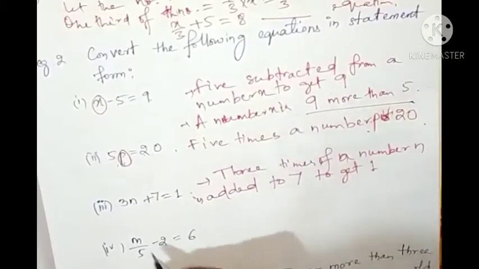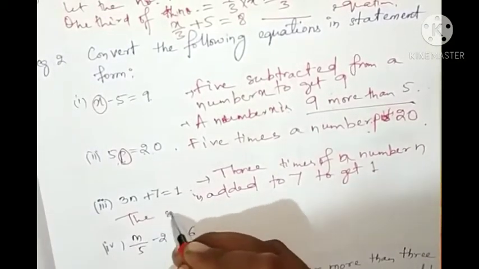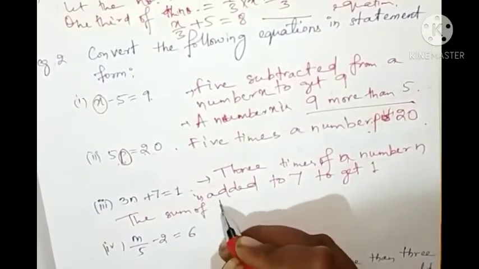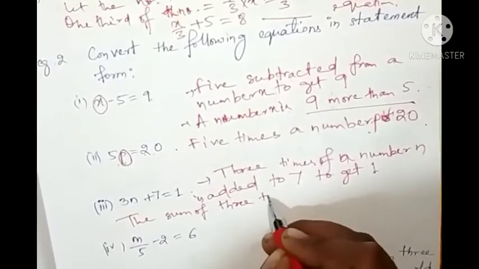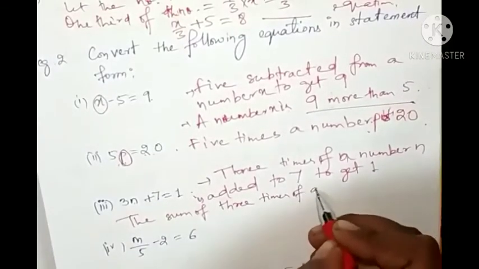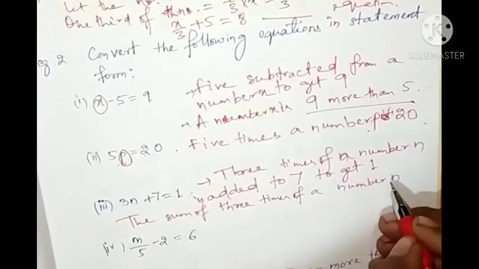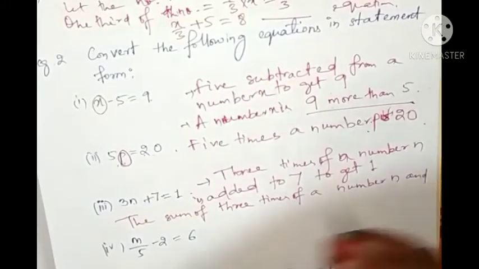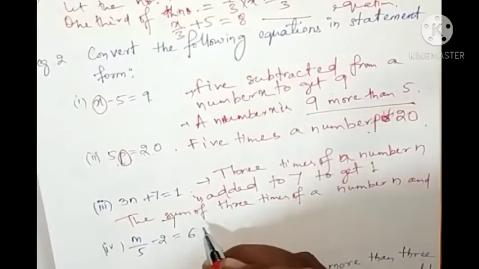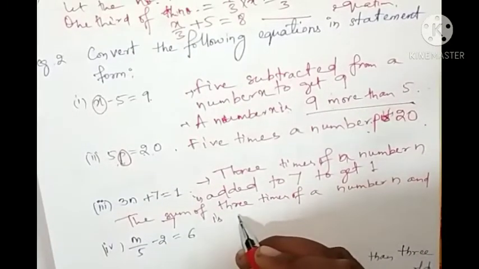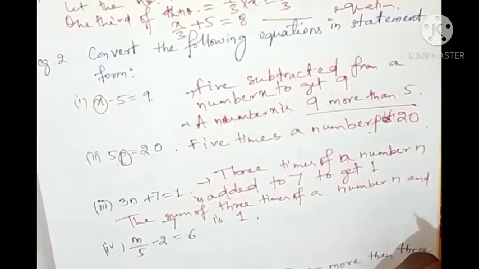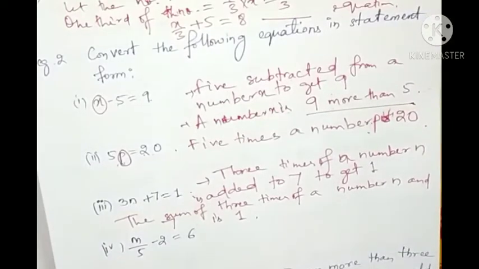Or you can write: the sum of 3 times of a number n and 7 is 1. Okay.